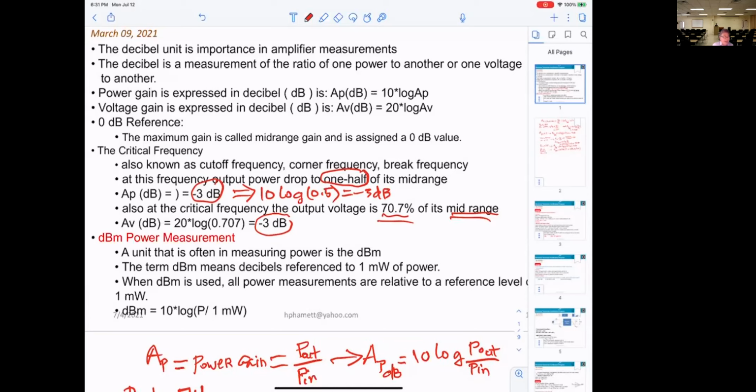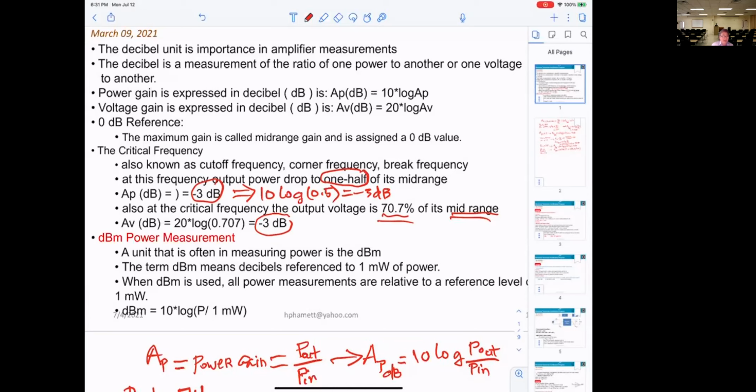It also applies to the voltage gain, which will drop to 70.7% of the mid-range. That means 0.707.